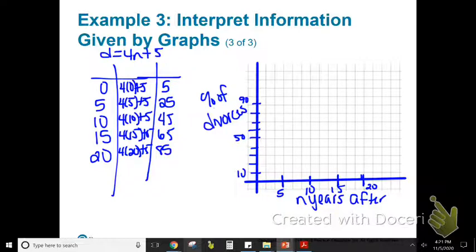And then let's plot our points. So we have 0, 5. 5, 25. 10 is 45. 15 is 65. And so you should notice they should be making a line because this was linear, and 20 is 85.